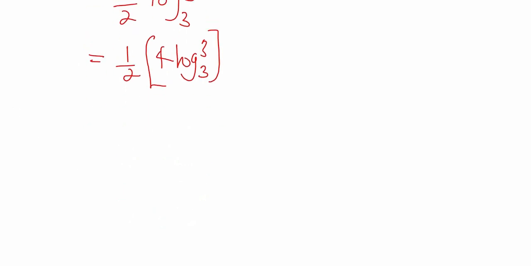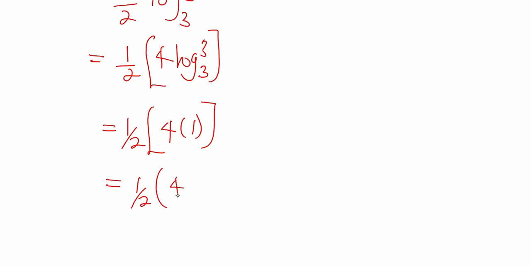Now continuing gives us our half, and logarithm of a number to the same base gives us 1. So log 3 base 3 gives us 1. And half of 4 times 1 gives us half of 4, which gives us 2. And this is the simplest solution.